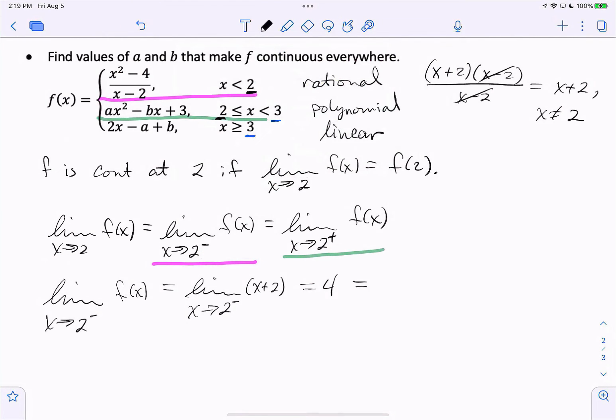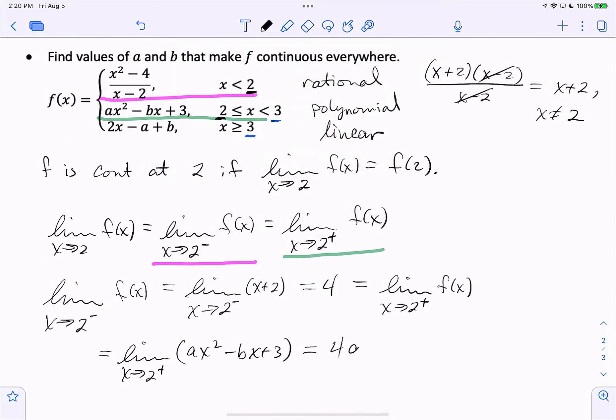That must equal the limit as x approaches 2 from the positive side of f of x, and that's going to equal the limit as x approaches 2 from the positive side of a x squared minus b x plus 3. That equals 4a minus 2b plus 3.